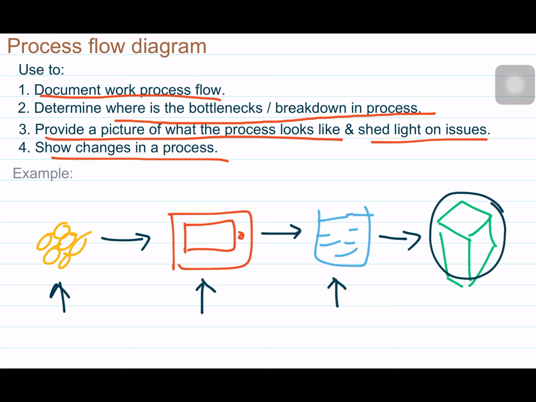So if the problem comes from here, then we just find the solution from here. If the problem comes up from here, then we just find the solution from here, or maybe the packaging also. So it's very easy for us to understand where the problem is and just find the solution and then solve it. That's it for this.